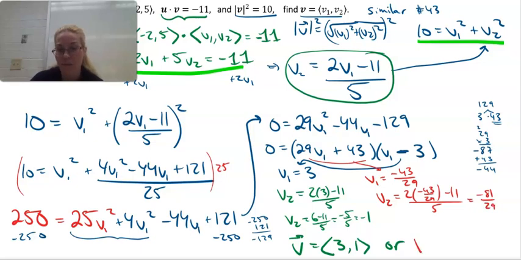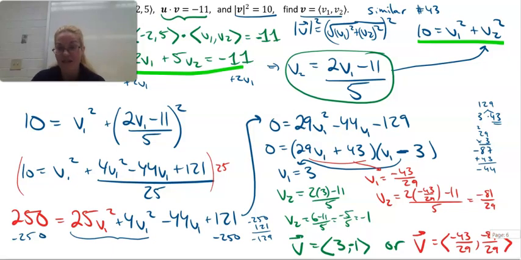So my other possible solution for v is, again, v1 is negative 43 over 29 and v2 is negative 81 over 29. Oh, sorry, negative 1 right there. So 3, negative 1, or negative 43 over 29, negative 81 over 29.